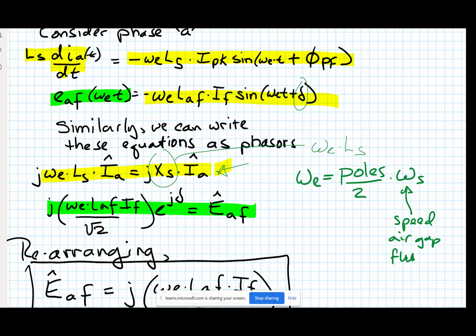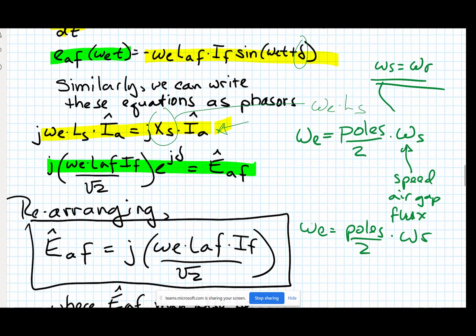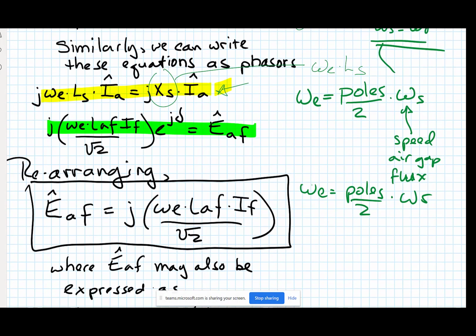So there's a vector associated with that flux that's moving at that frequency. The synchronous speed in a synchronous machine is equal to the rotor speed. So you can also say omega E equals poles over 2 times the rotor speed.